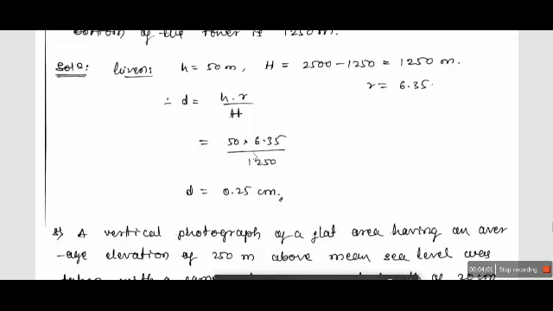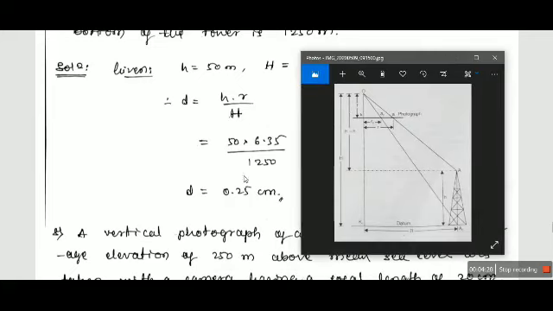Here these are in meters and this one is in centimeters. Solve this and we get 0.25. The unit is centimeter, because the d distance is on the photograph, and the photograph unit is centimeter.